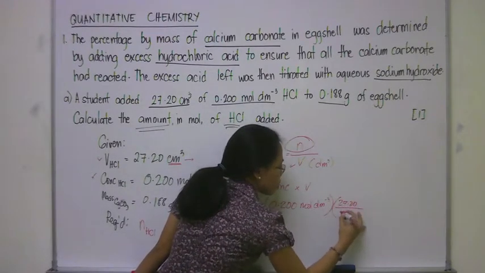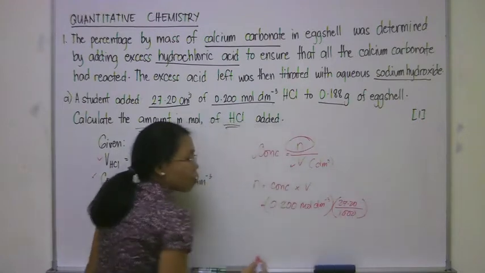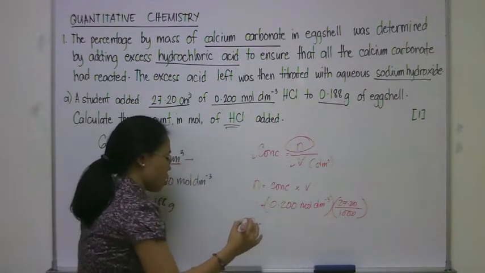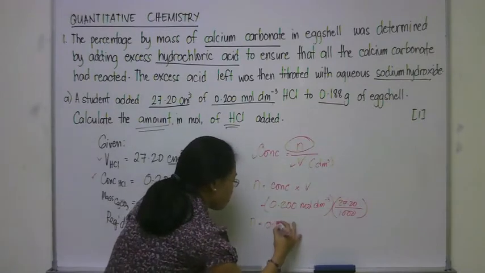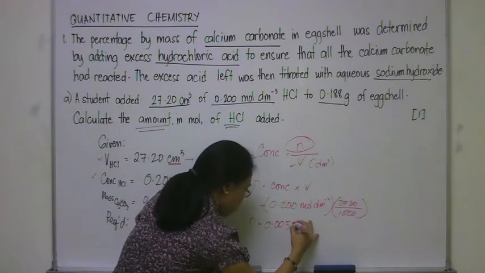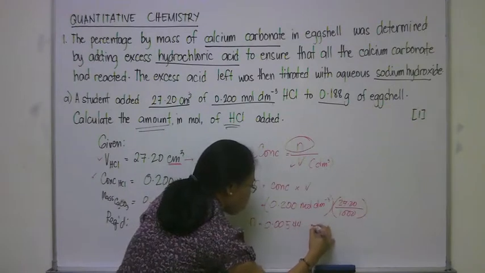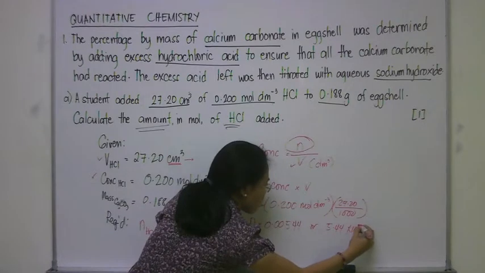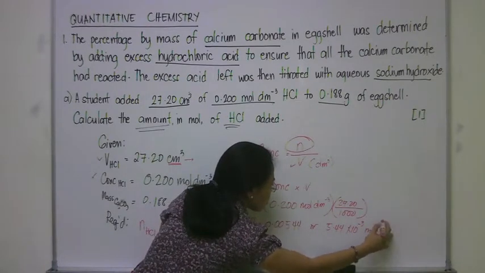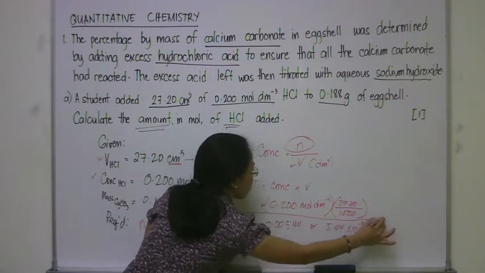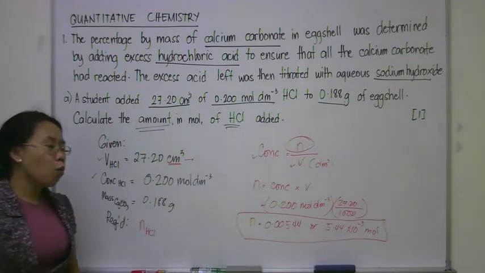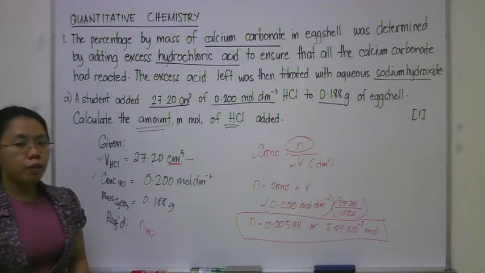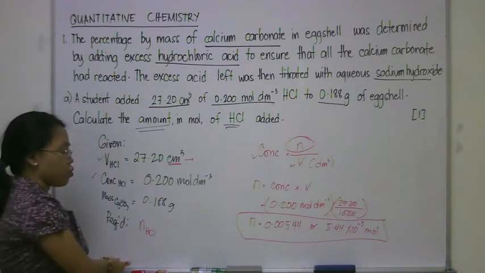It's in cubic centimeters, so you need to divide it by 1000. Moles is 0.00544, or 5.44 times 10 to the negative 3 moles. Okay, so this is your answer, and then you will get 1 mark for the correct significant figures of the values.